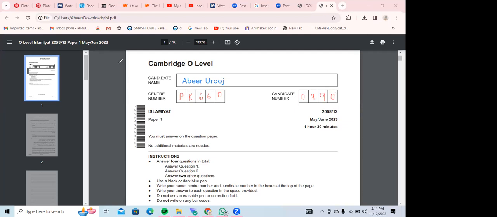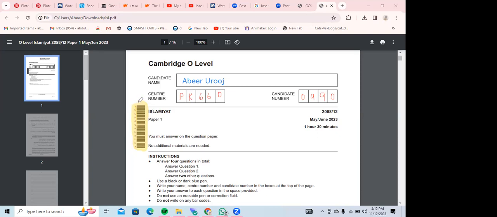One thing, before starting the exam, on every page you will see this barcode here.